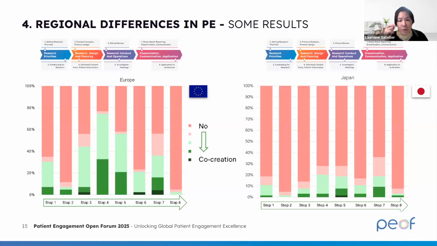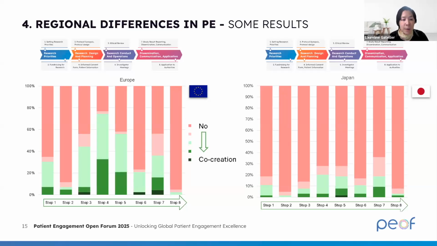I would also like to emphasize that within each region, there are big inconsistencies. With the result here, you can see the darker green is co-creation, then a bit lighter is actively involved, and then the very light green is informed or consulted, and then the shallow red is considered, and the dark red is didn't involve.